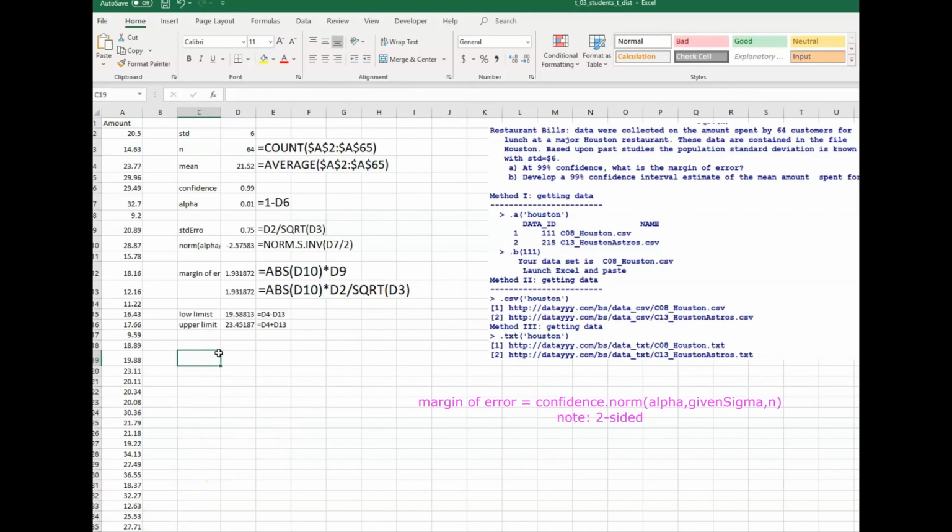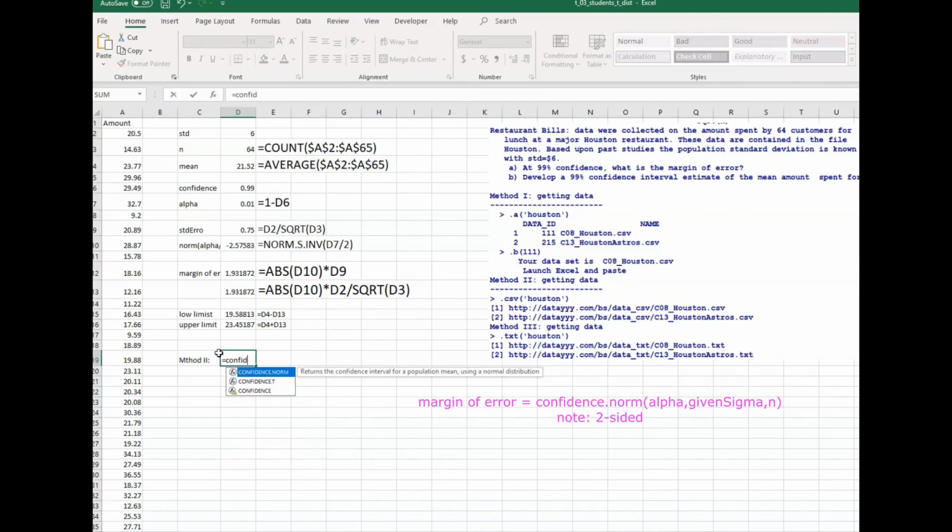And we have a second method to calculate margin of error. I call it method 2. For method 2, we use the Excel function called CONFIDENCE.NORM.